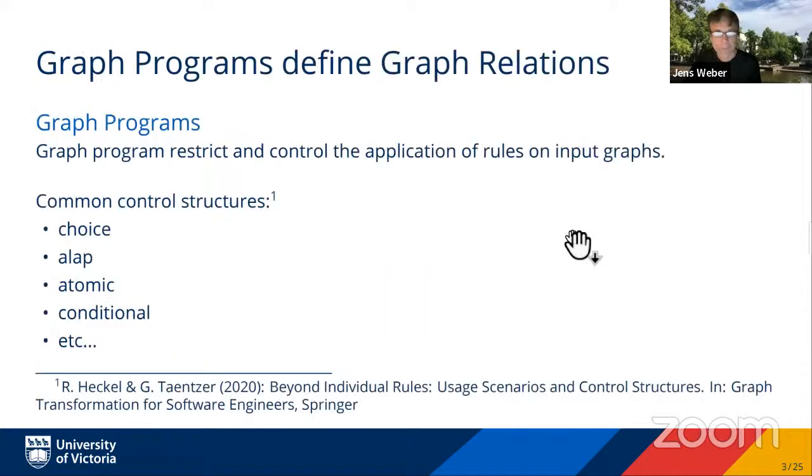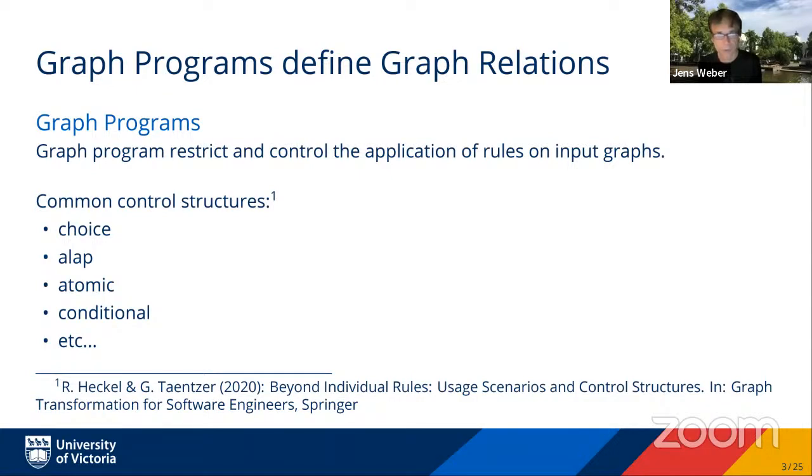Let's dive in. When it comes to programming with graph transformations, graph programs ultimately define a relation on graphs. So we have a graph program that relates a set of input graphs to a set of valid output graphs. Graph programs usually have a choice of different control structures.